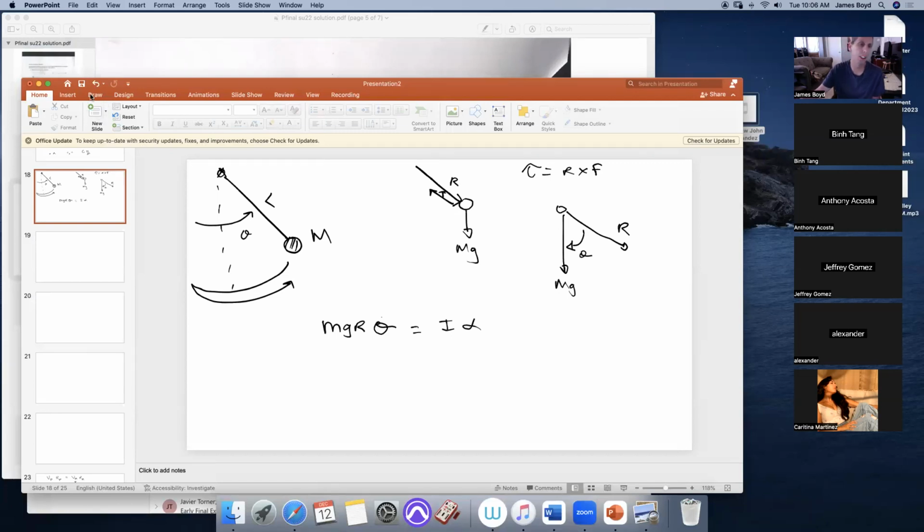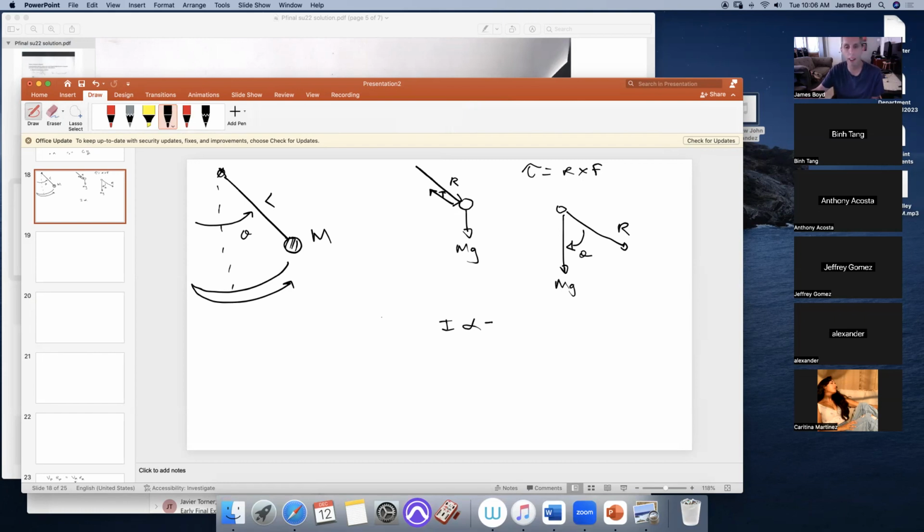Essentially, I went over this in class, so I'm not going over this too much. Essentially, what we find is if we divide this by I on both sides, we can equate this to omega squared. And because T is 2 pi over omega, therefore T squared is 4 pi squared over omega squared.